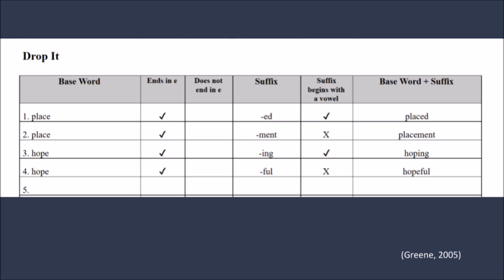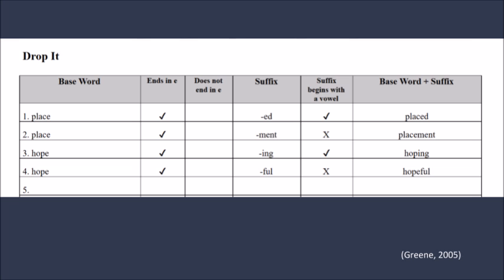So first we have to consider, does the base word end in E? And it does, so we check yes. Then we skip to the box where it says suffix begins with a vowel. And since our suffix ed does begin with a vowel, we check yes.